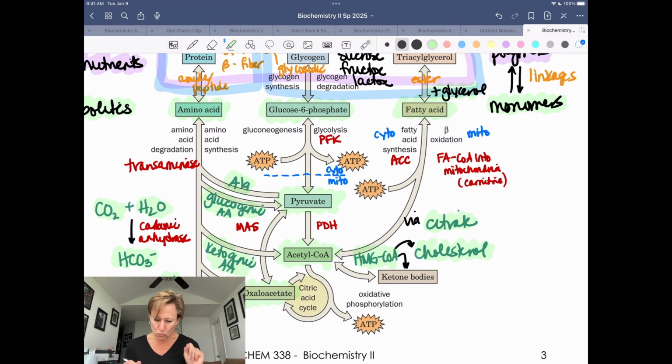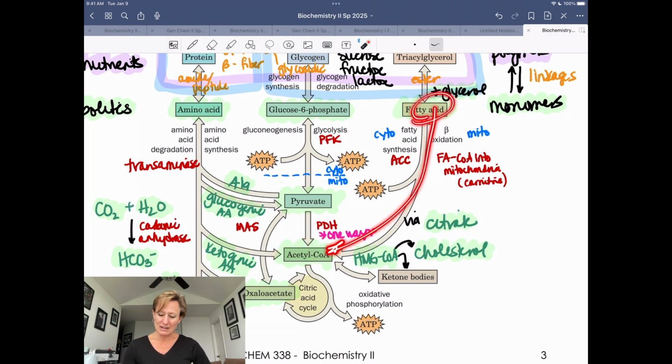I think there's only one other little thing that I want to map on here, and that is highlighting the importance of, this is one of the only one-way arrows that we see there, and this is super, super key for what we see here in terms of our cellular biochemistry. We cannot take acetyl-CoA and make it into pyruvate, which means fats that can only be made into acetyl-CoA cannot be made into pyruvate, which means they cannot be made into glucose.